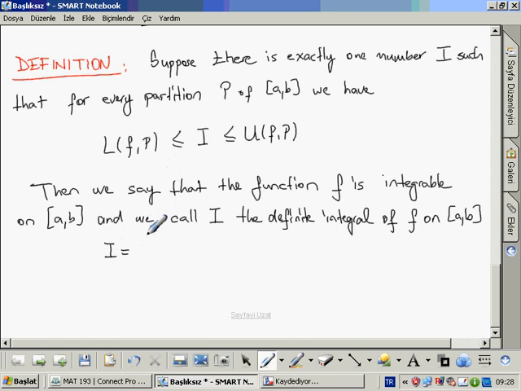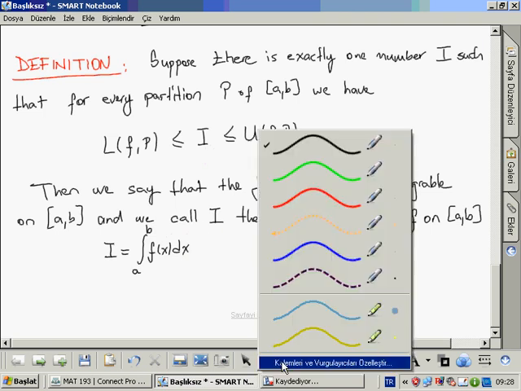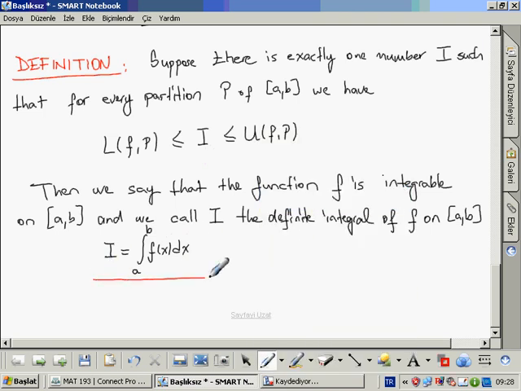I equals the integral from a to b of f of x dx.